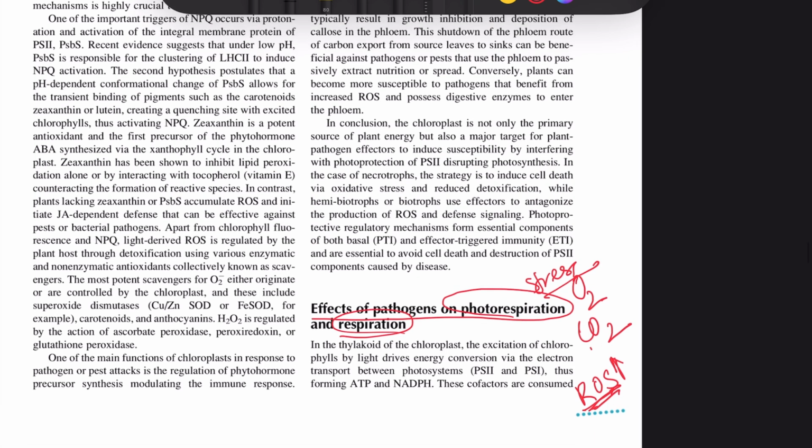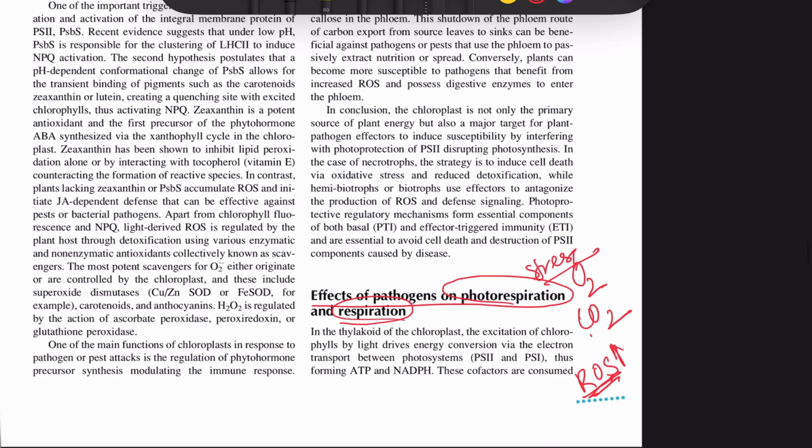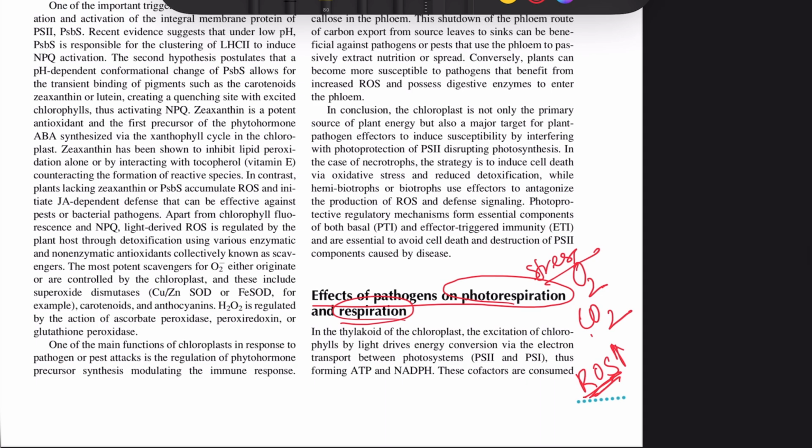Now, what do pathogens do? Pathogens often enter through stomata. We have discussed that again. They enter through stomata, natural openings, and cause stomatal closure. There are various roles of stomata.